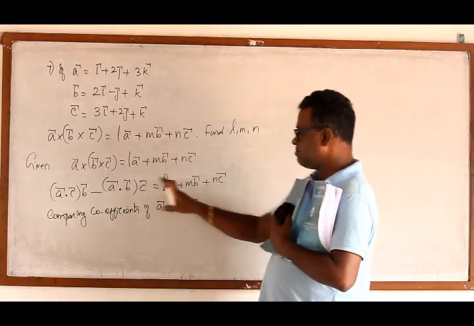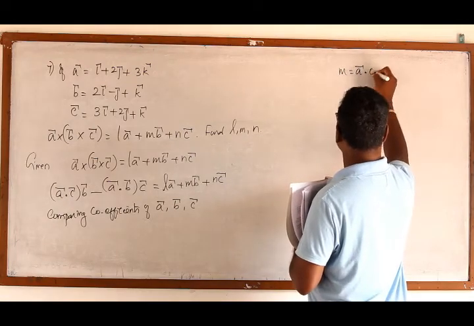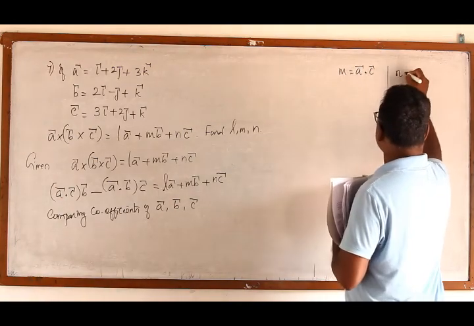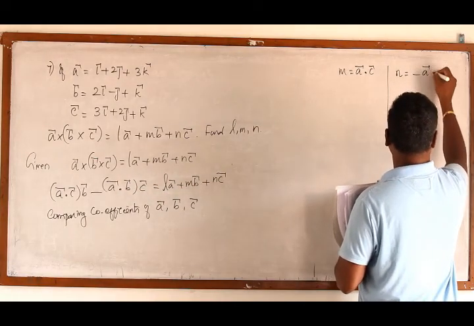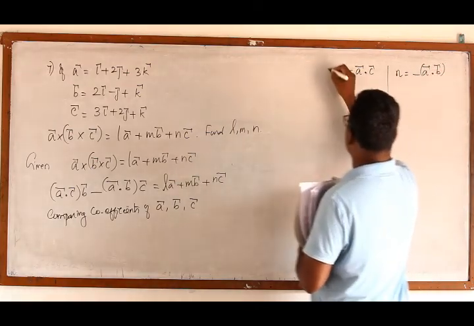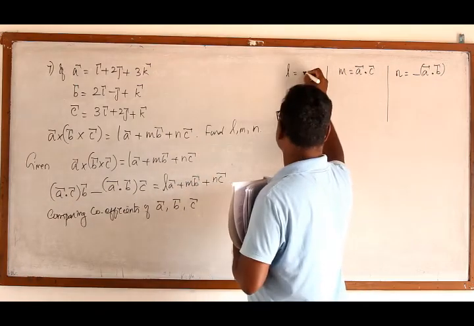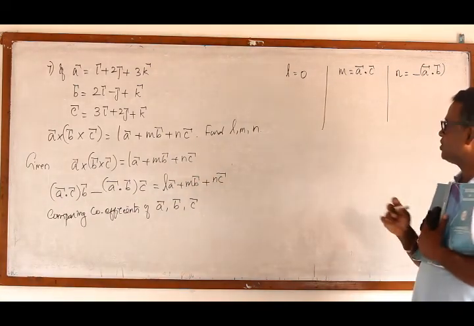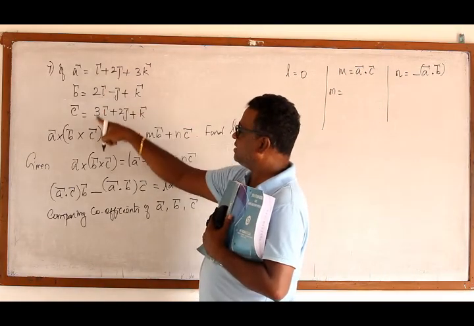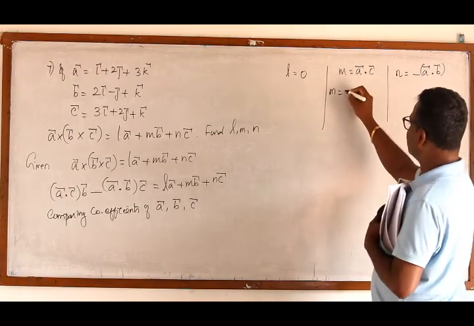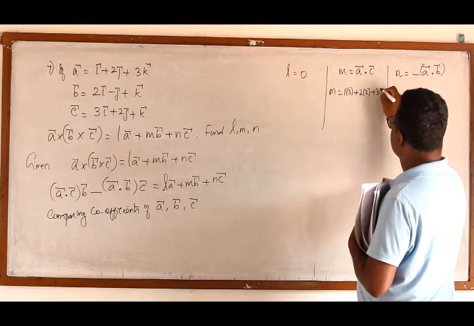In the place of M, I am having A dot C, so M equals A dot C. N equals minus A dot B. And therefore, L equals 0, since there is no A vector. Understanding? So, M equals A dot C means A and C must be taken dot product. That is 1 into 3, 2 into 2, 3 into 1.